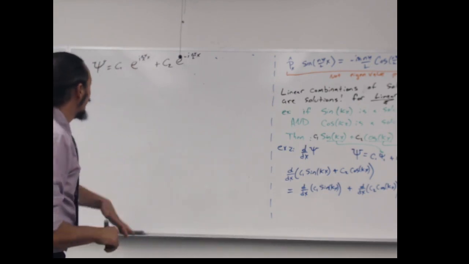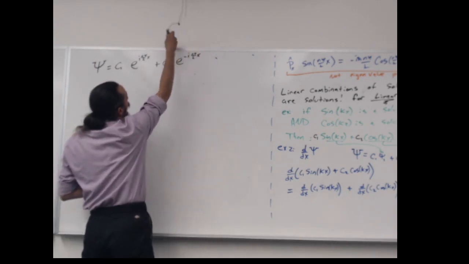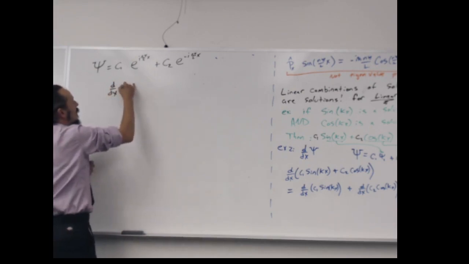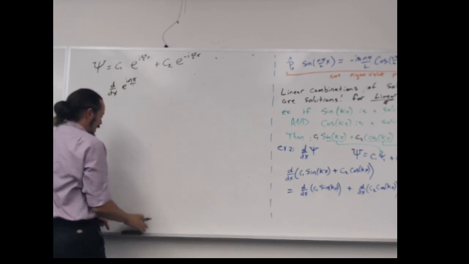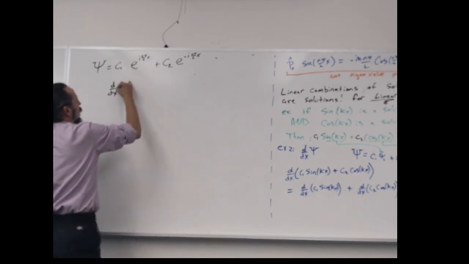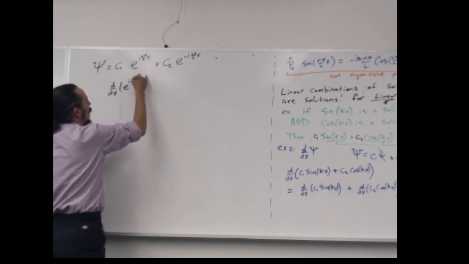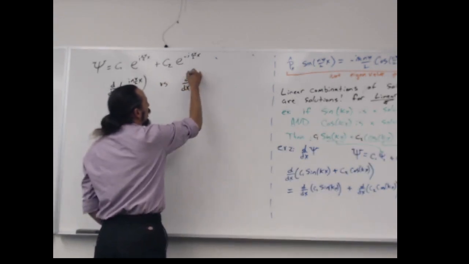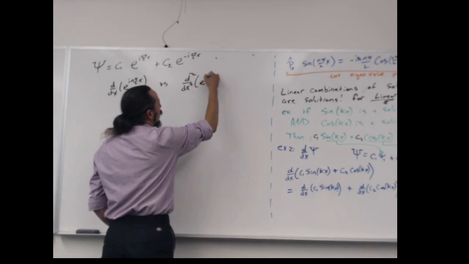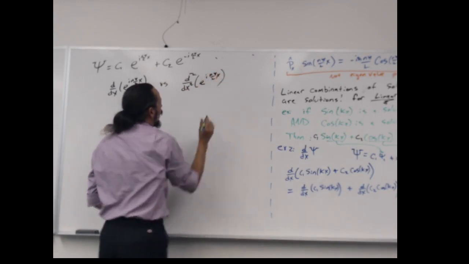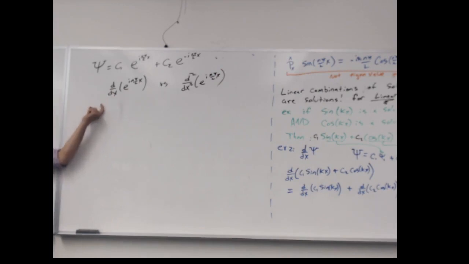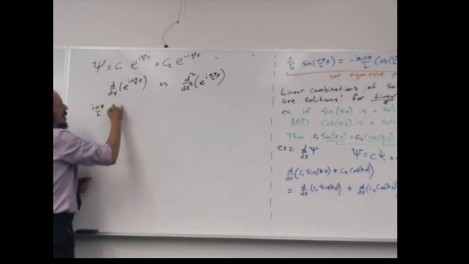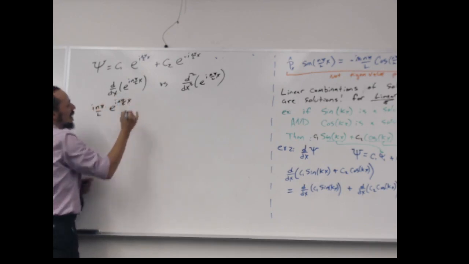So the first thing we want to notice is that if I take the first derivative of e to the I n pi over Lx, versus taking the second derivative, this will get us an I n pi over L, e to the I n pi over Lx.